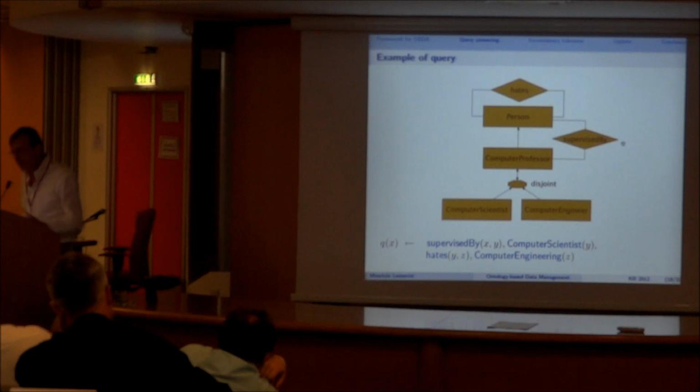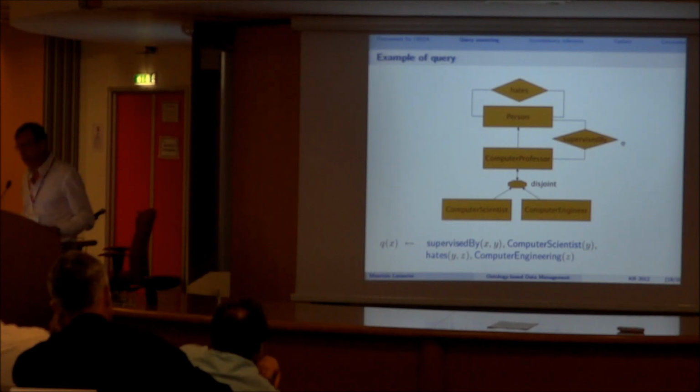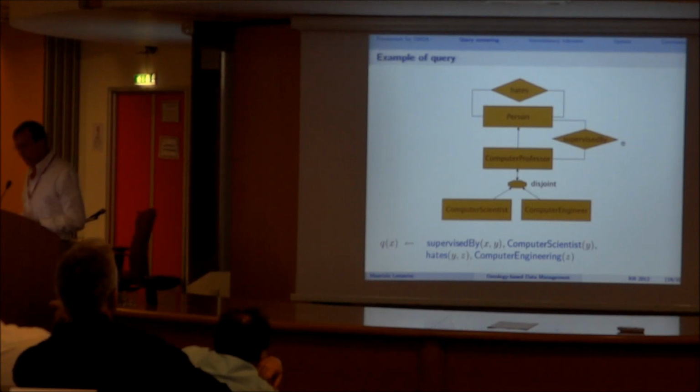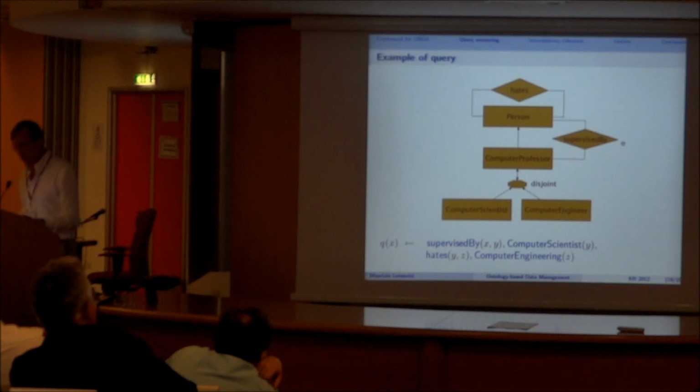So what does it mean to use this kind of formulas for queries? Just a very simple example. You have this very simple ontology expressed in terms of a sort of ER modeling. This ontology says that Hates is a relationship on persons. A computer professor supervises some person.